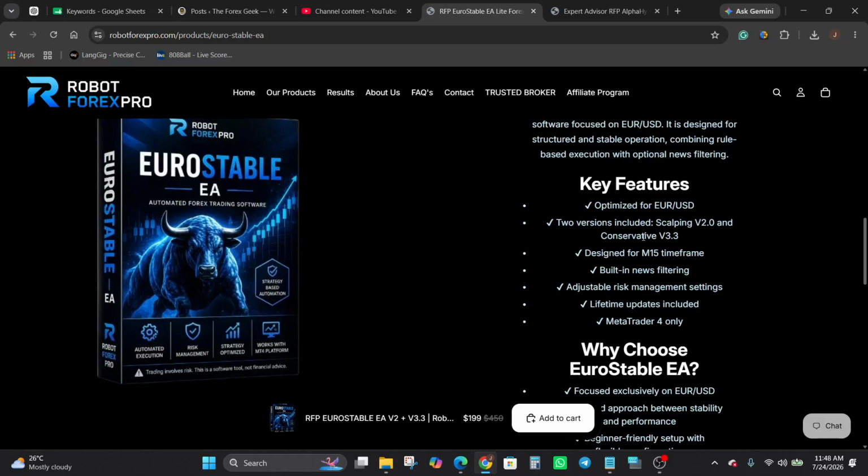That gives you a choice between a faster, more active style and a steadier one, depending on what you are comfortable with. It also has built-in news filtering, which is designed to help the EA avoid trading directly around high impact news releases.